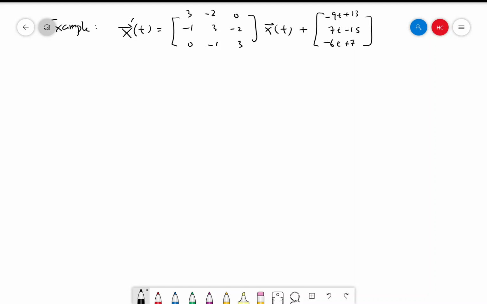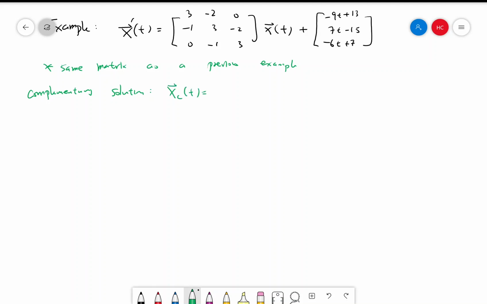Okay, so notice this is the same matrix as the previous video. Because it's the same matrix from a previous example, we actually have already solved the complementary solution. So you can go check the slide.